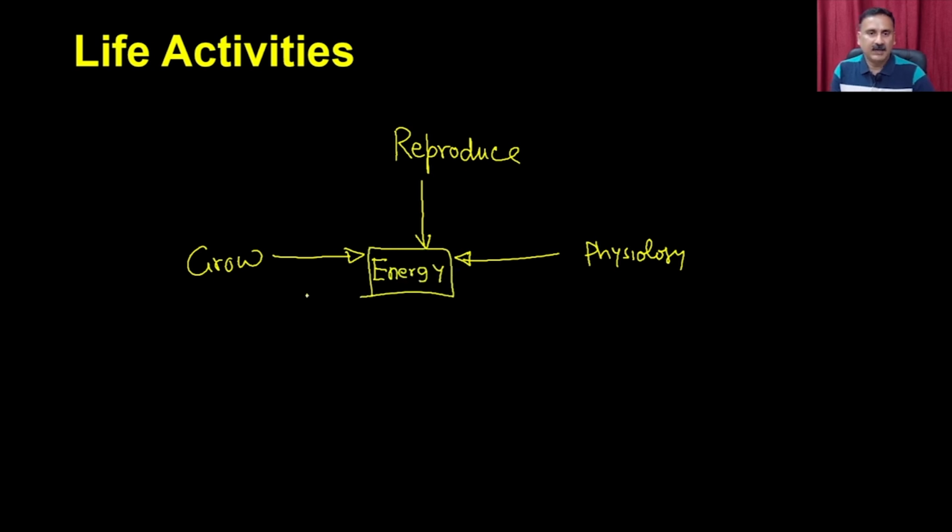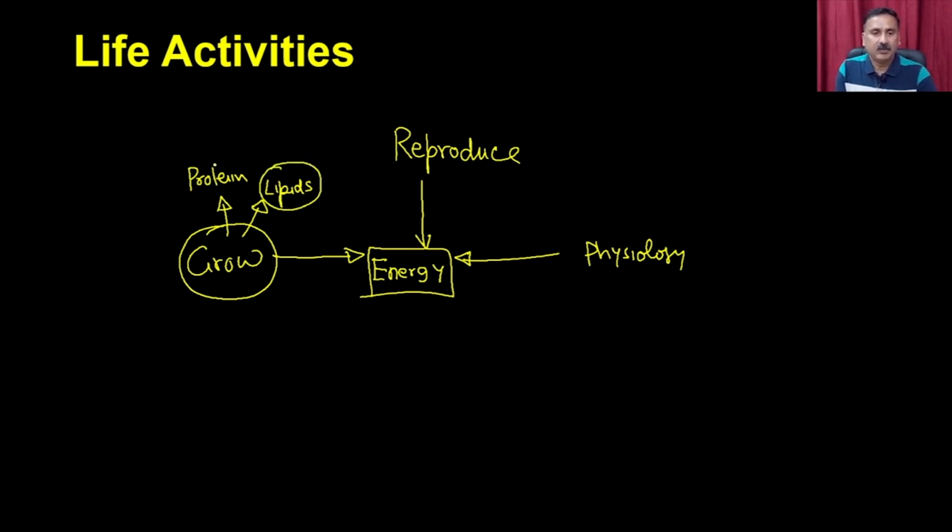And you might know that if organism has to grow, it actually has to synthesize the different types of molecules, like it has to synthesize the proteins, it has to synthesize the lipids, right? Because the lipids are actually going to be a part of the plasma membrane, and the proteins are also being present in the different types of plasma membrane, and as well as they are actually the building blocks.